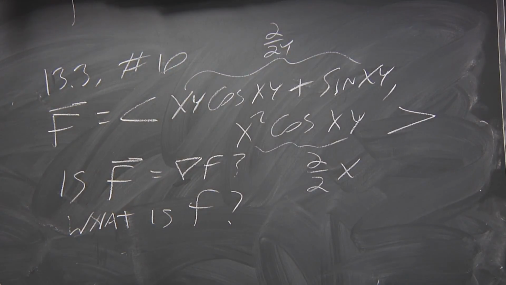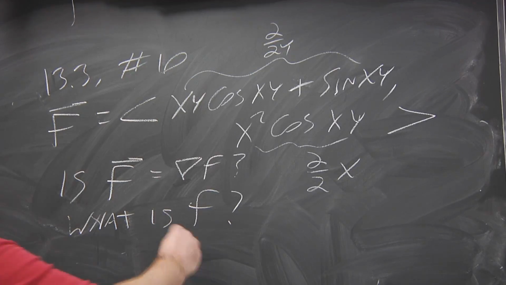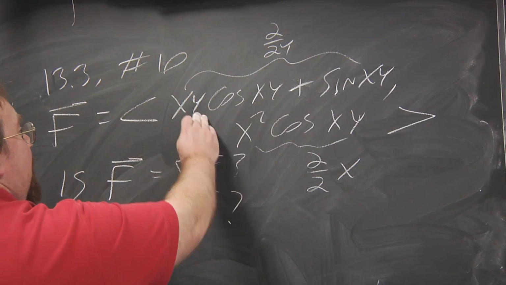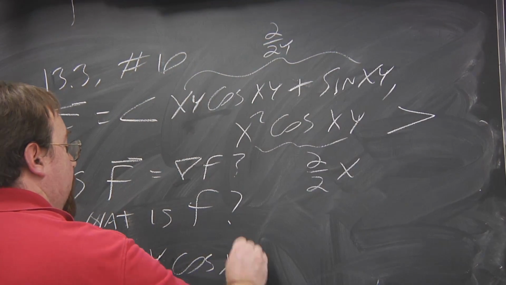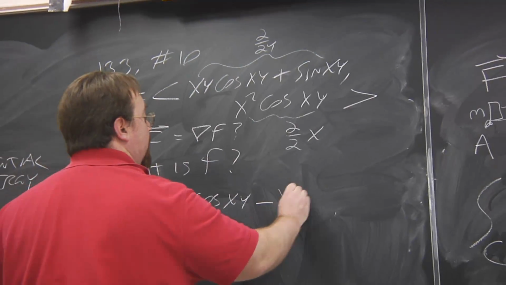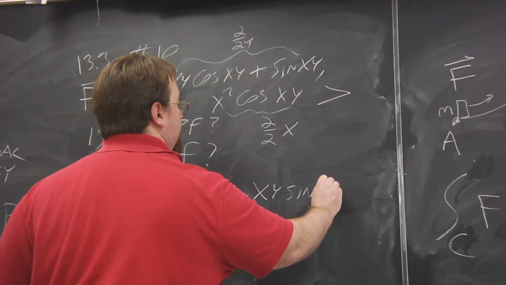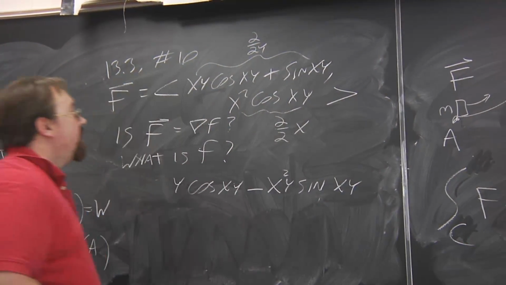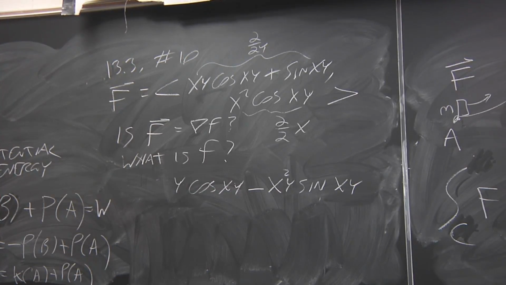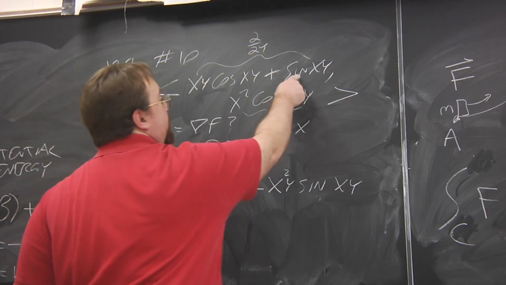Well, for form's sake, we have the product rule here. So we have y cosine xy minus xy sine xy. Okay. And then we have differentiate.